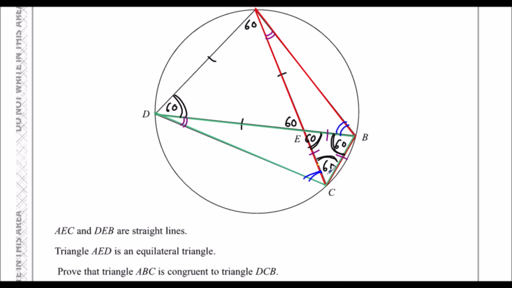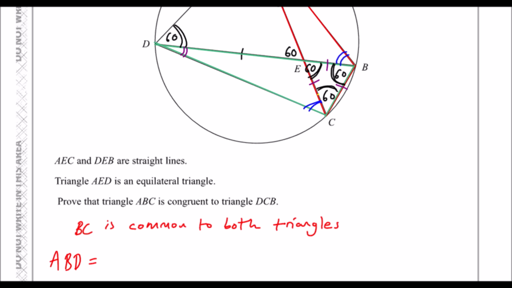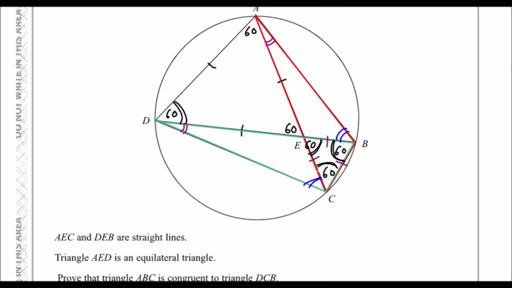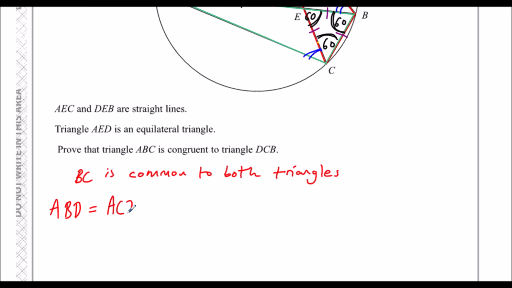And then we've got these two blue angles being equal. So that's ABD is equal to ACD, because angles in the same segment are equal.